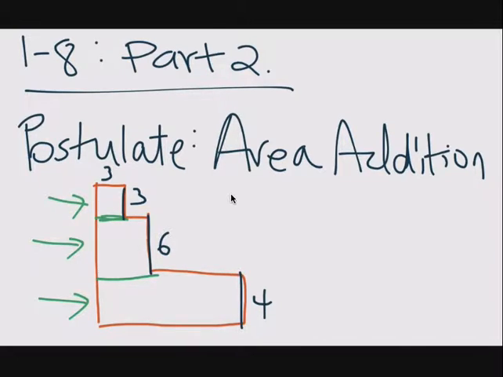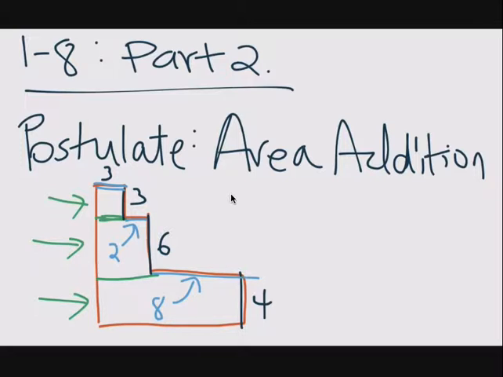And then I have one of my horizontal distances already, so I have 3 here. And let's say that we knew that this little piece in here was 2, and this piece out here was 8. So now I have all my horizontal distances, 3, 2, and 8.